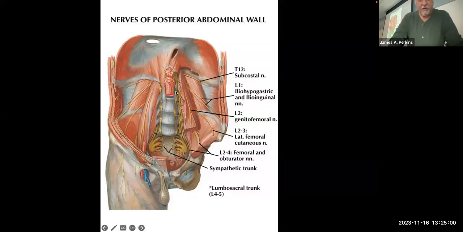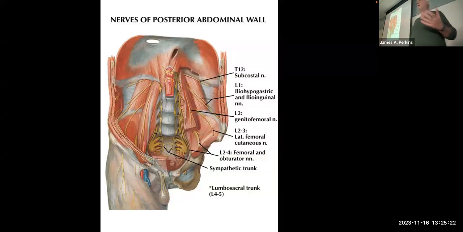I believe the dissector will actually have you try to look for the sympathetic trunk. It can be a little tricky to find because it looks obvious, like, oh, there's a sympathetic trunk right there. You see these chains of ganglia. But in this Netter painting, he's removed the aorta and the inferior vena cava, and we don't want to do that.